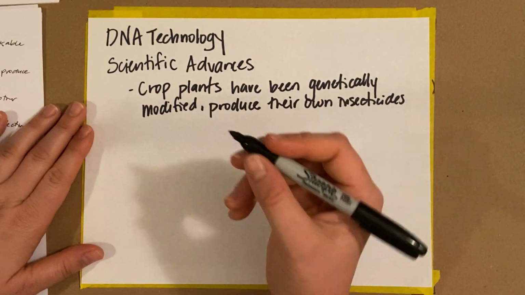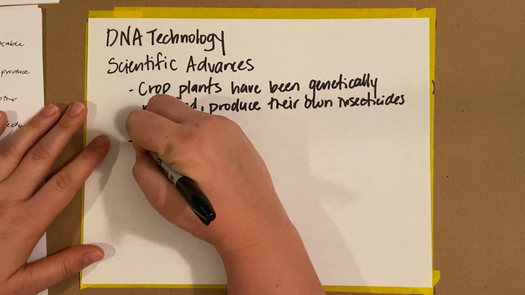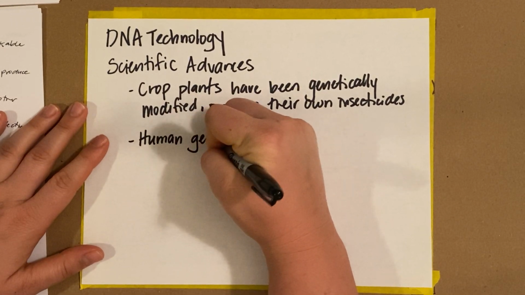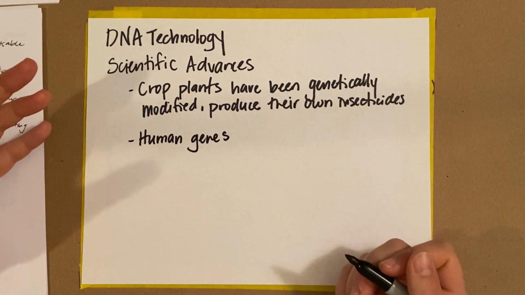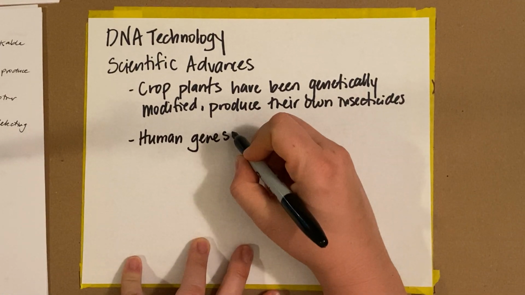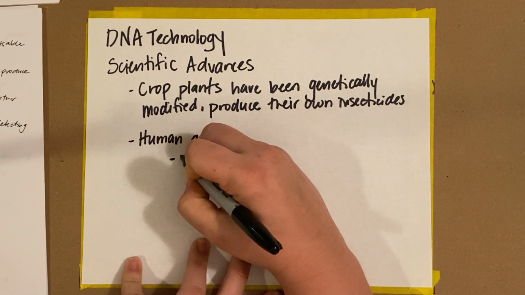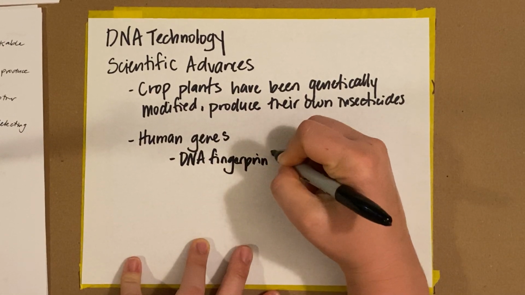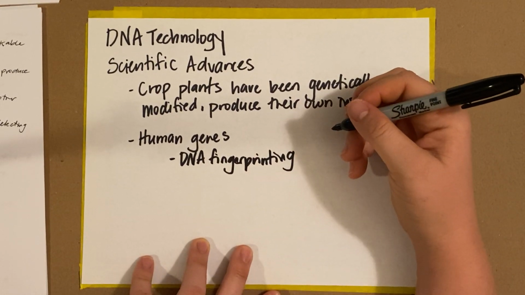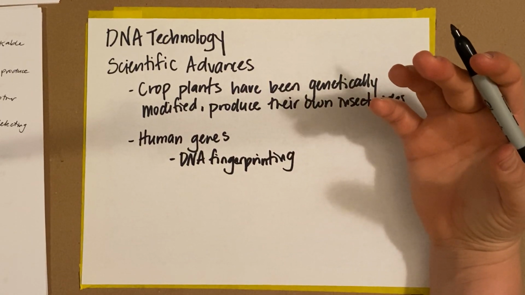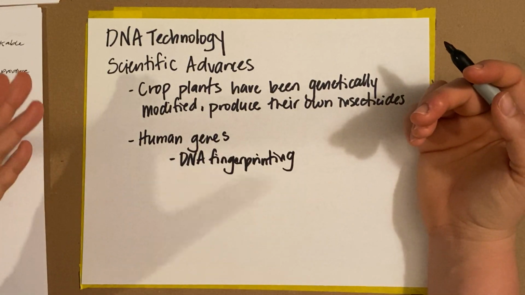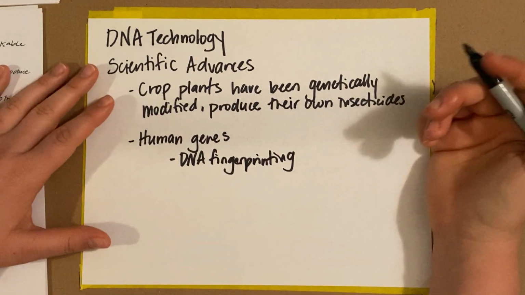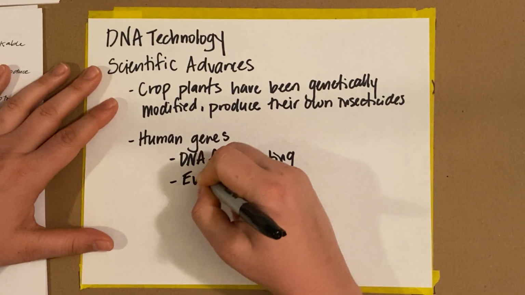Another big thing that's been one of these big advancements is just being able to look at human genes. Okay, so not only can we compare human genes to one another, in kind of a DNA fingerprinting, which is used a lot in examining crimes and trying to see if the DNA that they found at a crime scene matches a specific suspect, but also in the evolution of humans.